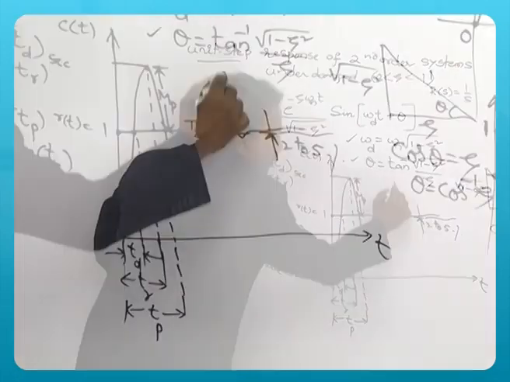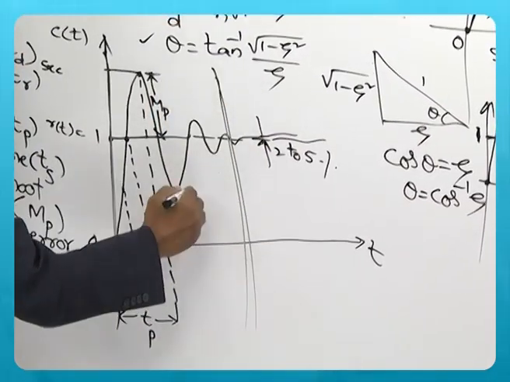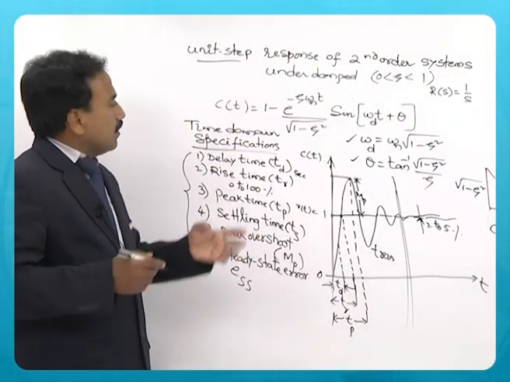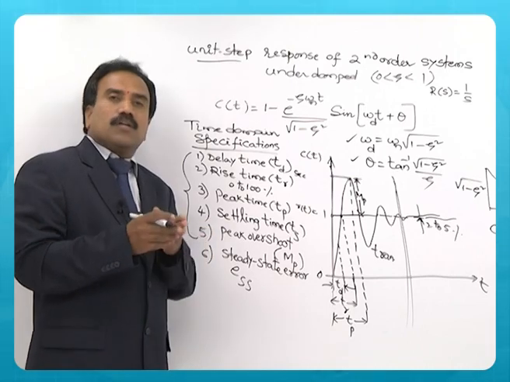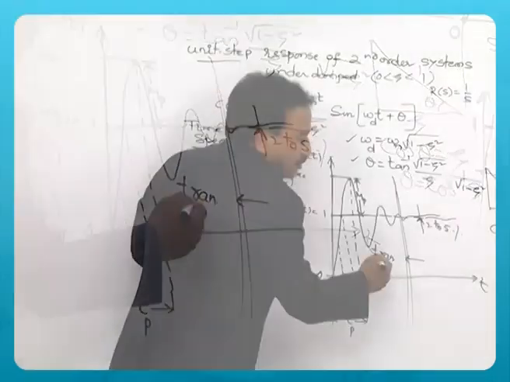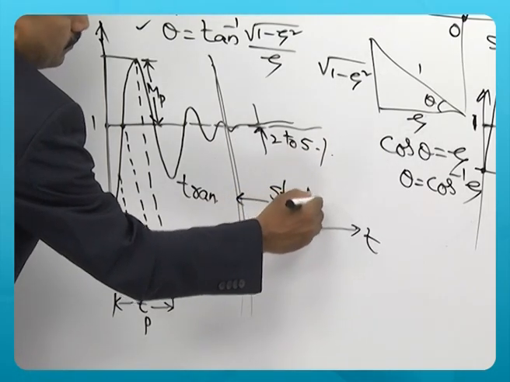From here to here is the transient response, because there are oscillations which are not permanent, and the response after these transients have died out is the steady state response.